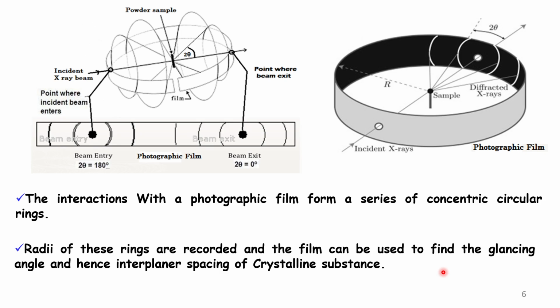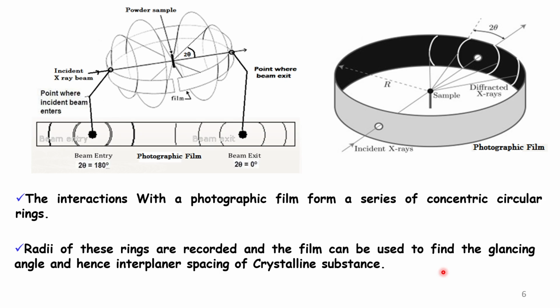Now, the basic principle of the powder method: a monochromatic beam of X-ray is used, and it is incident on the powder material, which consists of sets of parallel planes oriented in different directions.